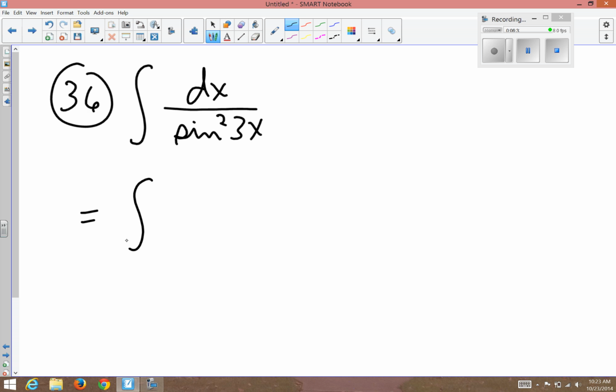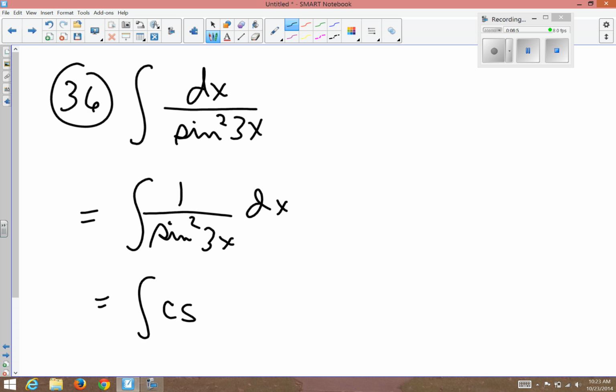That's exactly the same as the integral of 1 over sine squared 3x dx. 1 times dx is dx. Exactly the same as the integral of cosecant squared 3x dx. 1 over sine squared is the same as cosecant squared.